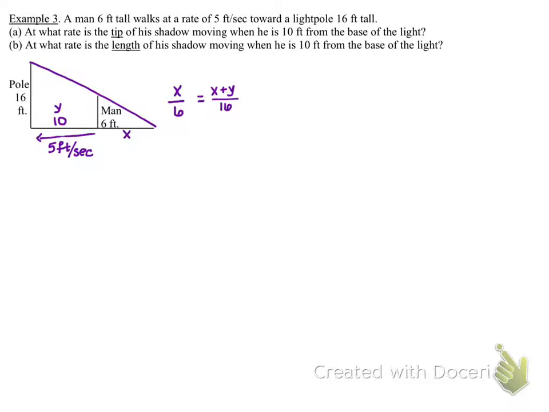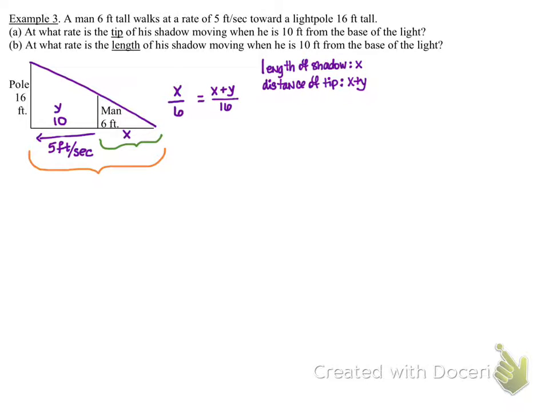This is why this gives people nightmares. And the distinction here is that the length of the shadow is that simple x, but the distance of the tip from the pole is that whole entire length, all the way from here to there.